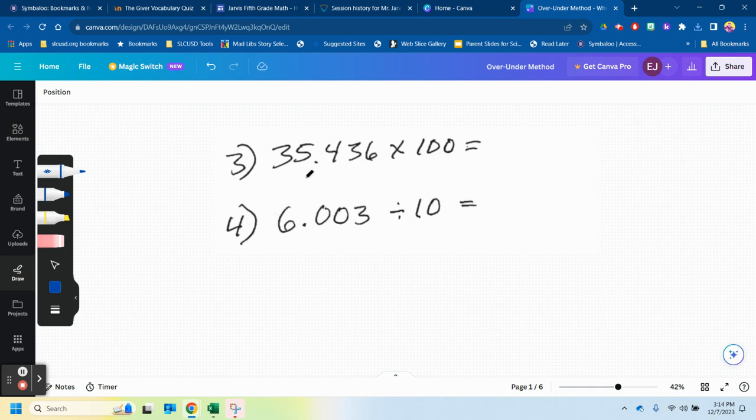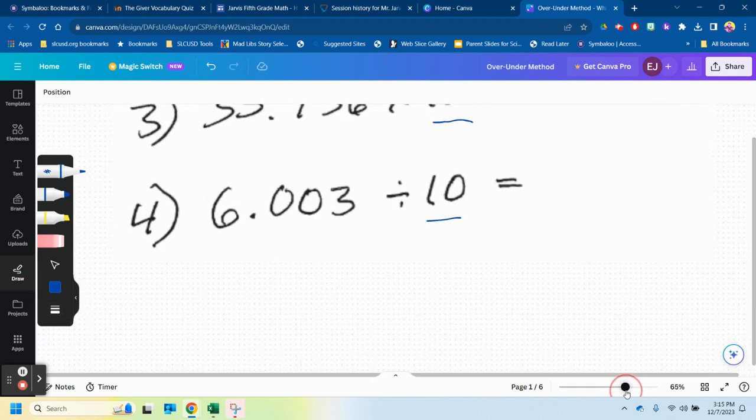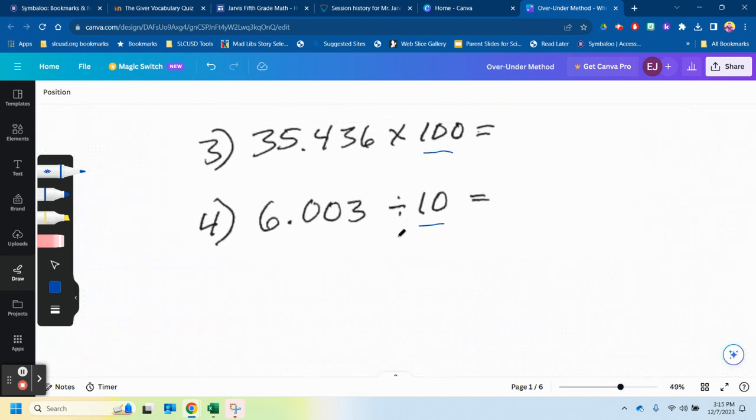So, we're looking at multiplying numbers with decimals by powers of 10. When we say powers of 10, we mean 100, 1,000, etc. So we're looking at 35 and 436 thousandths, this is the tenths, hundredths, thousandths, times 100.